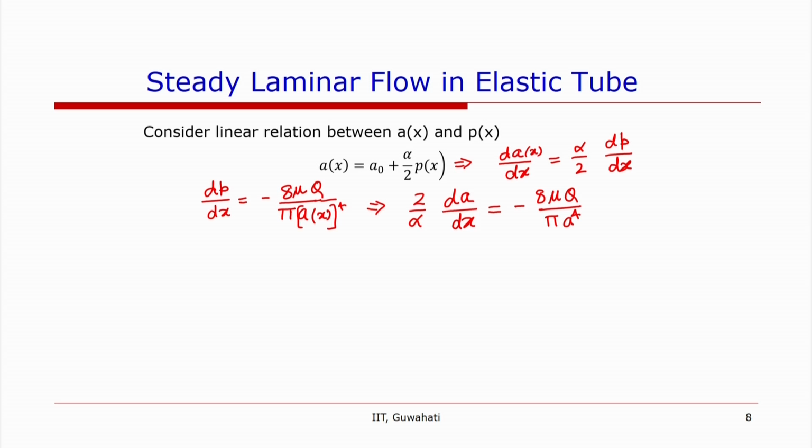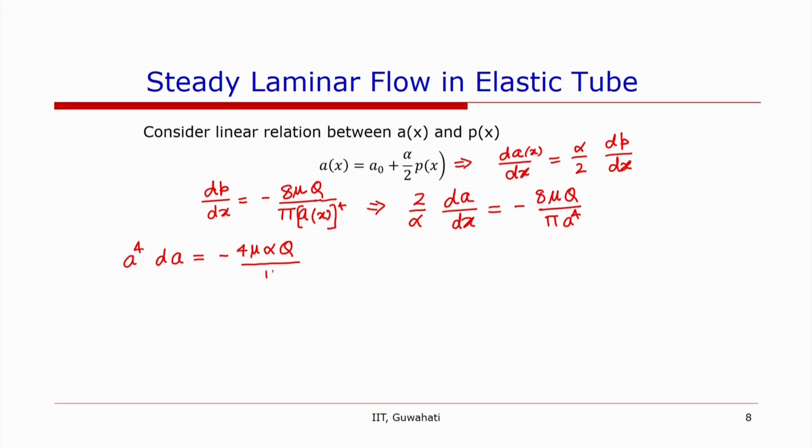and if we do a bit of algebra, A to the power 4 dA is equal to minus 4 mu alpha q over 2.